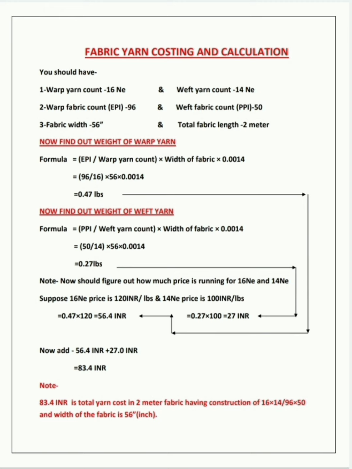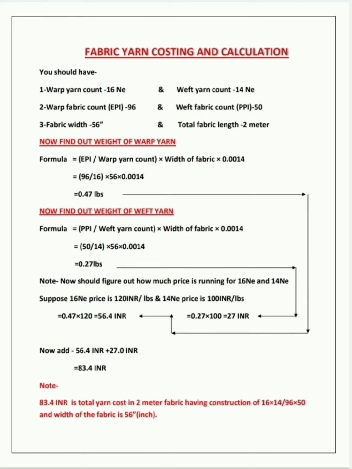Now you should know what price is running in the market for 16 count and 14 count. Suppose the price for 16 count yarn is 120 rupees per lb and 14 count yarn is 100 rupees per lb. Then you multiply this by the weights you got for warp and weft. For warp you got 0.47 lbs, so multiply 0.47 into 120, and we get 56.4 rupees.